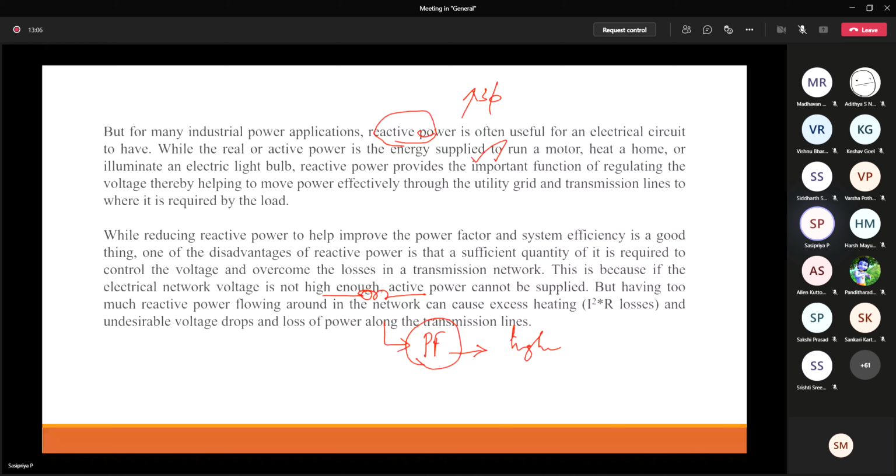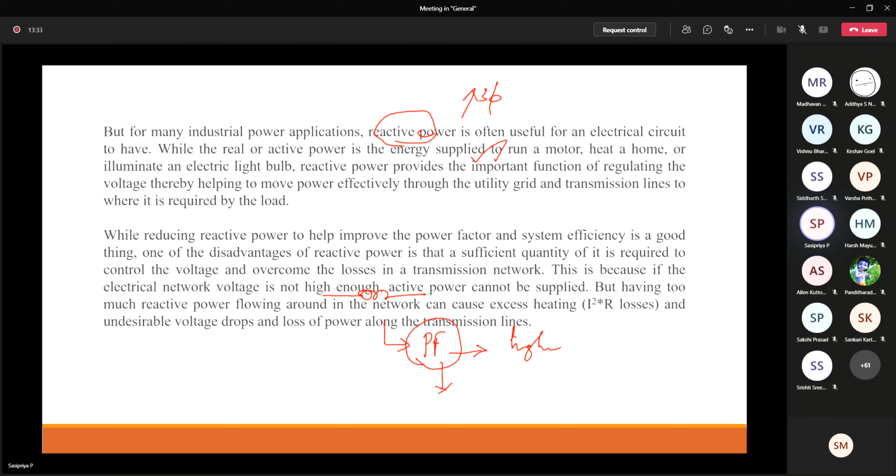When your power factor is low, the reactive power is going to be high, and then we'll have all these problems. Unnecessarily we'll be paying for the unutilized power. So to improve the power factor, we have a compensation circuit. Mostly a capacitor is used for compensating the decrease in power factor, in a circuit like this.